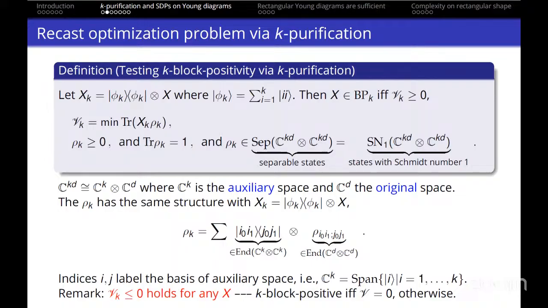There is no D, I think, in the definition of X_k. Yeah, no D for this pure k purification. The D is from the X. X is BPK. Okay, I understand. So X is the element of CD tensor CD. Yes. And X_k is the element of CK tensor CK. Yes. I see. Exactly.